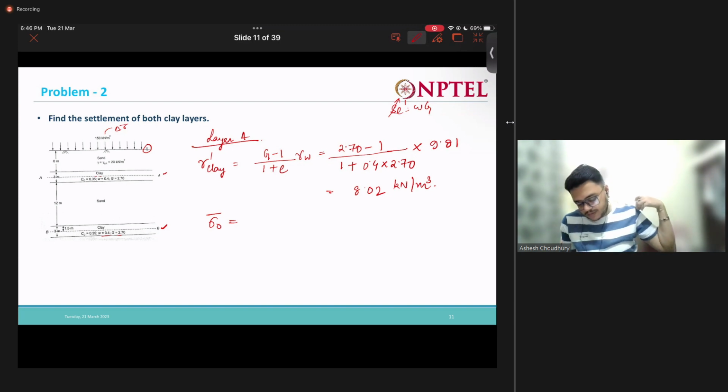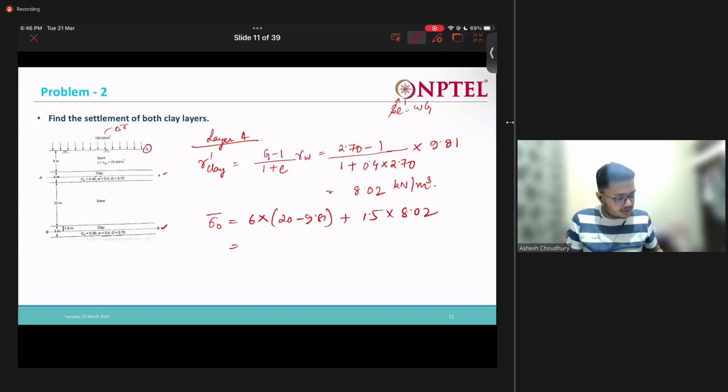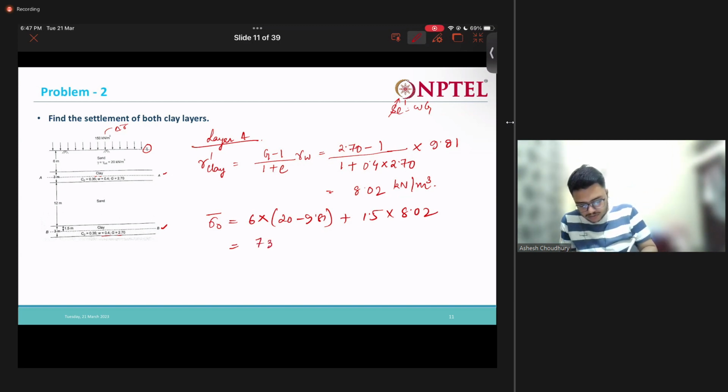So please find out 6 into (20 minus 9.81) plus 0.5 into 8.02, which comes to 73.17 kilonewton per meter square.